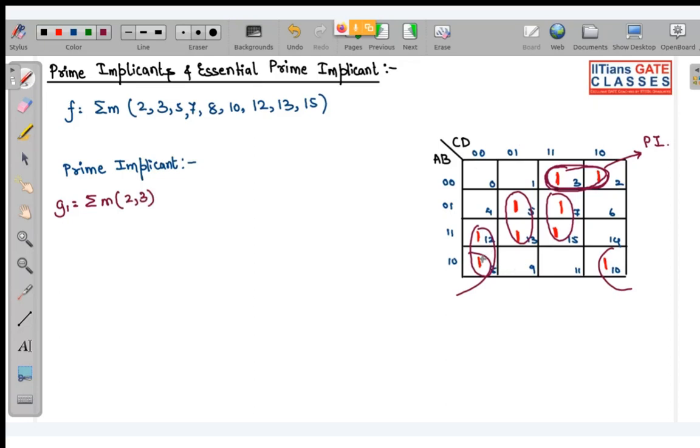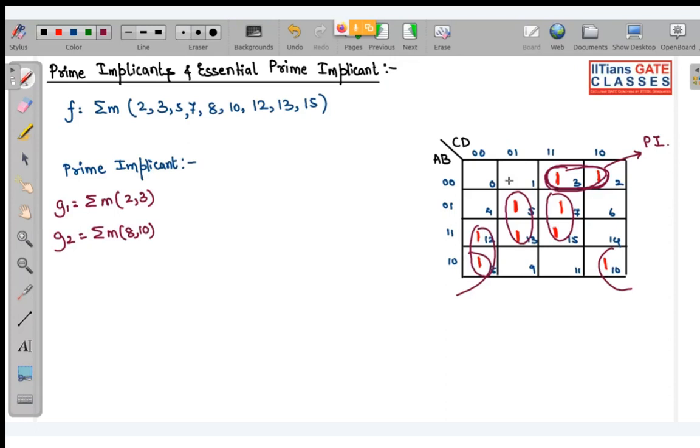Then look at this group, 8 and 10. This is 8, this is 10. Okay, 8, 10. Can I increase the size of this group? I cannot increase the size of this group.